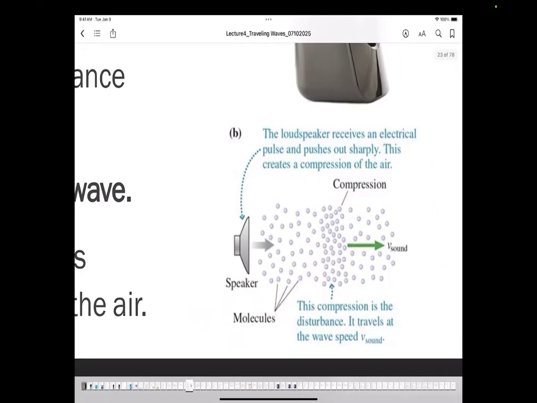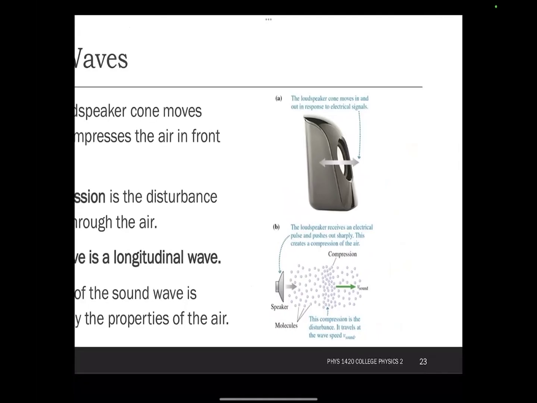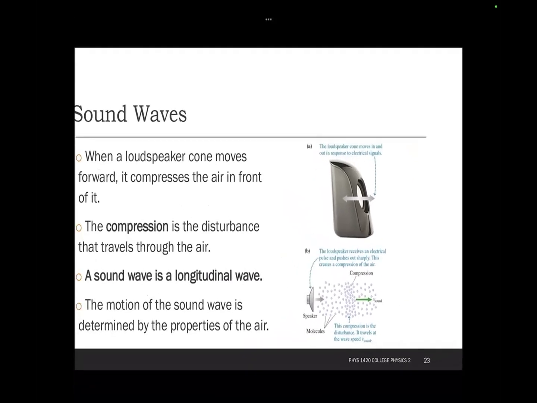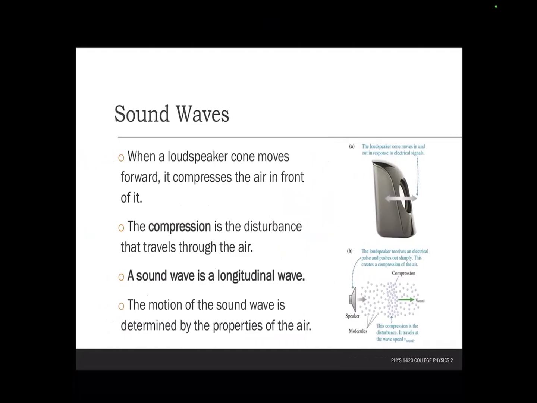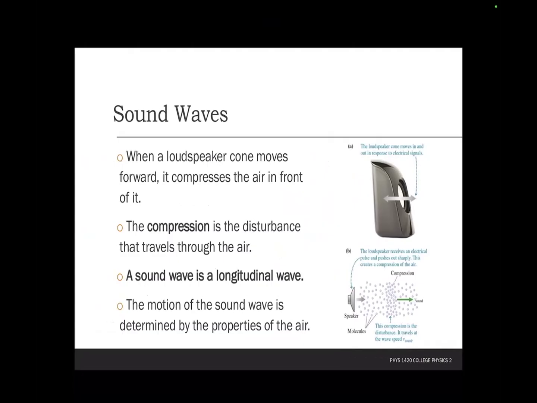It travels at the wave speed, the speed of sound. When a loudspeaker cone moves forward, it compresses the air in front of it, and this compression is a disturbance that travels through the air, just like a wave.